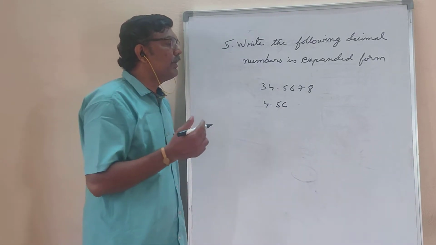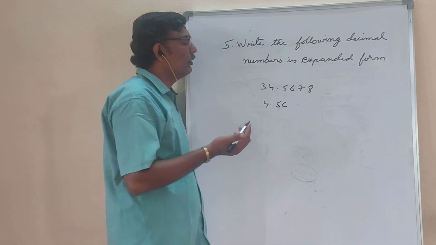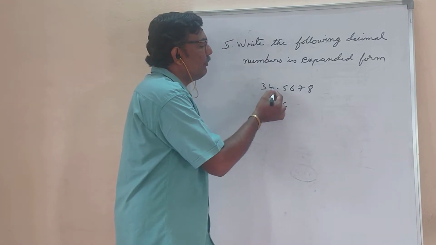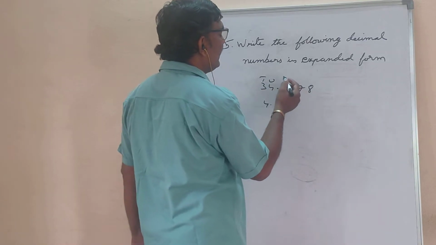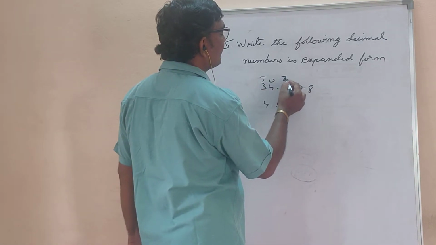So I have to know about place values again. Before the point it is units place, tens place. After the point it is called tenths place.